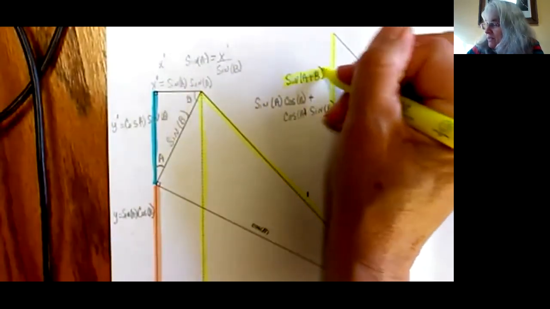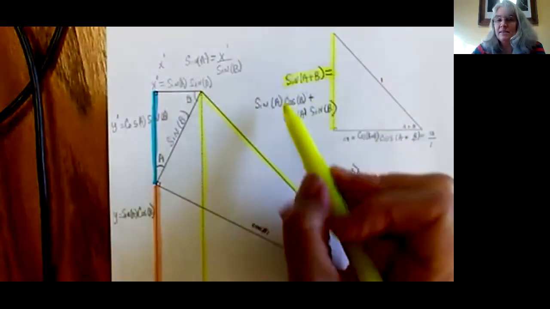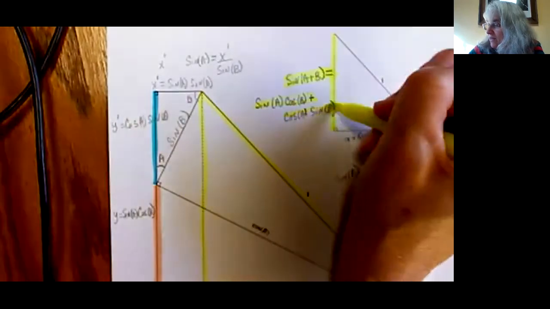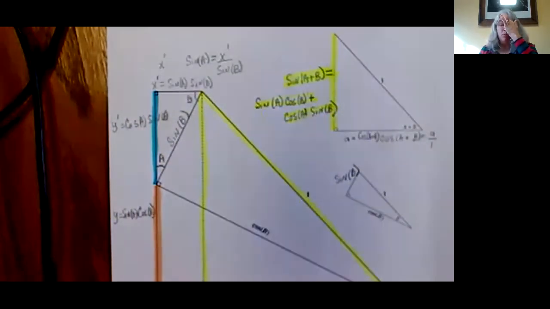You know the sum of two angles, you can break it into these pieces, find the sine and cosine of each one individually, and all that will equal that. That is one of them.